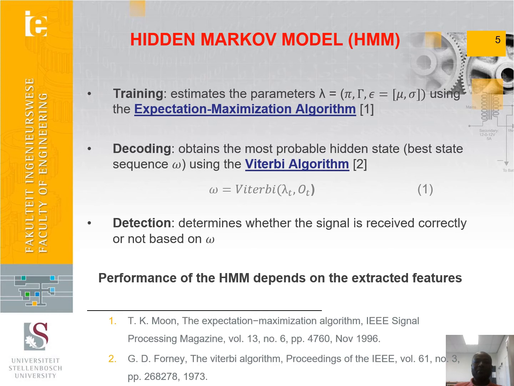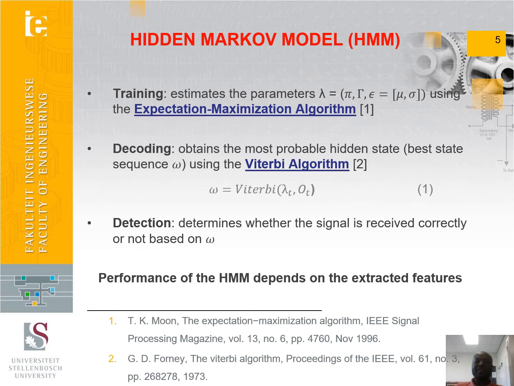The first parameter is the initial start probability, which we have referred to as pi. The second parameter is the transition probability matrix. This represents the probabilities of transiting from one state to another. And the third parameter is the emission distribution matrix.